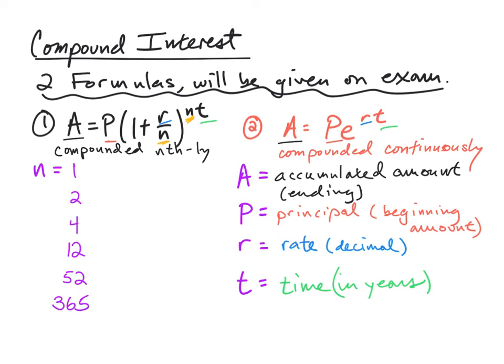All of these numbers represent how many times you would be getting interest in 1 year. So we just have to name these accordingly. If something only happens once a year, we would say that it happens annually or yearly.